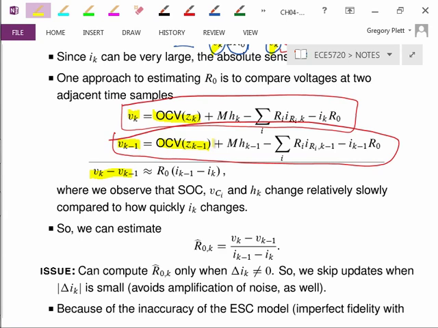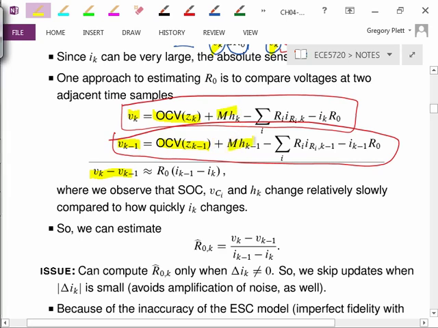Okay, so max of 1% state of charge change. The open circuit voltage function is usually pretty flat, maybe a millivolt or so per percent state of charge. So we're talking maximum change in that term maybe a millivolt. Pretty small. So we'll say it's about 0 if I subtract those two terms.